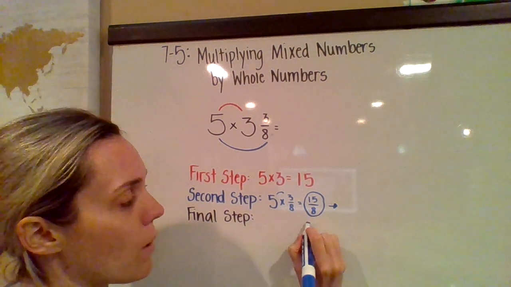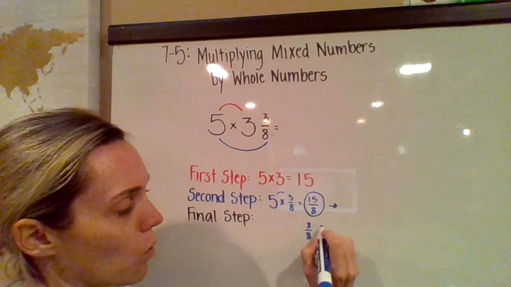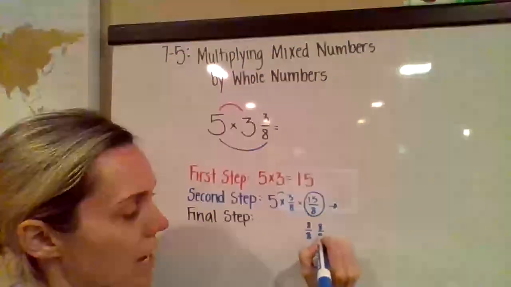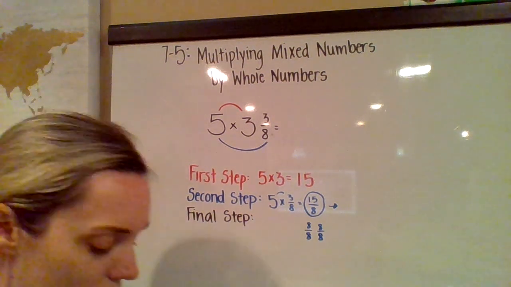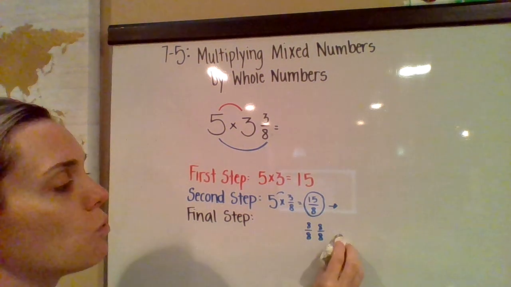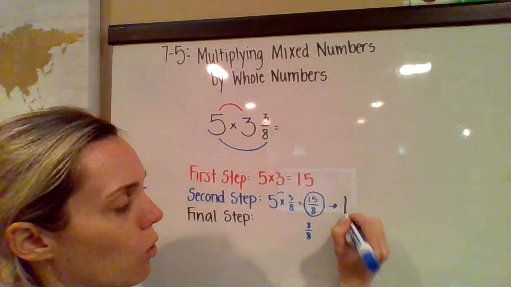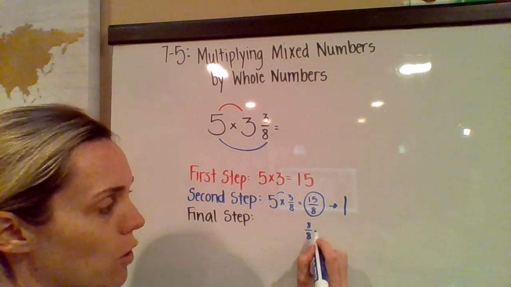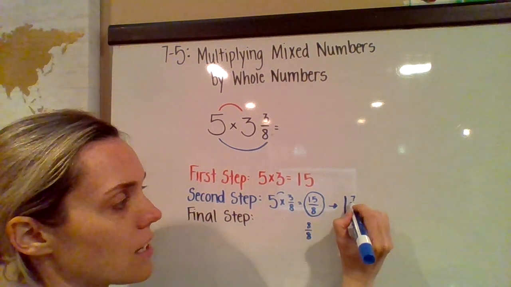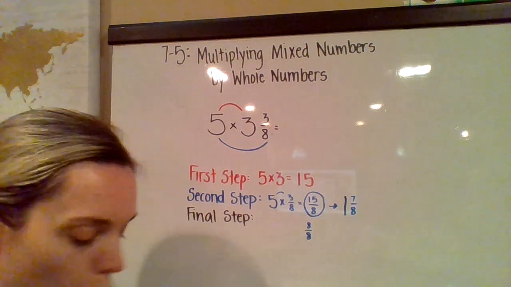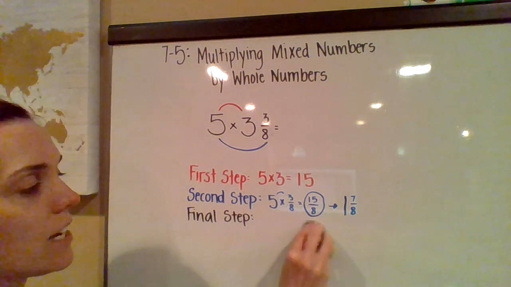I know 8/8 is 1 whole, and if I have another 8/8, that would be 16/8. That's too high, so I can only do 1 whole. So 15/8 is 1 whole, which is 8/8, and going from 8/8 to 15/8 is another 7/8. So that's 1 whole and 7/8.